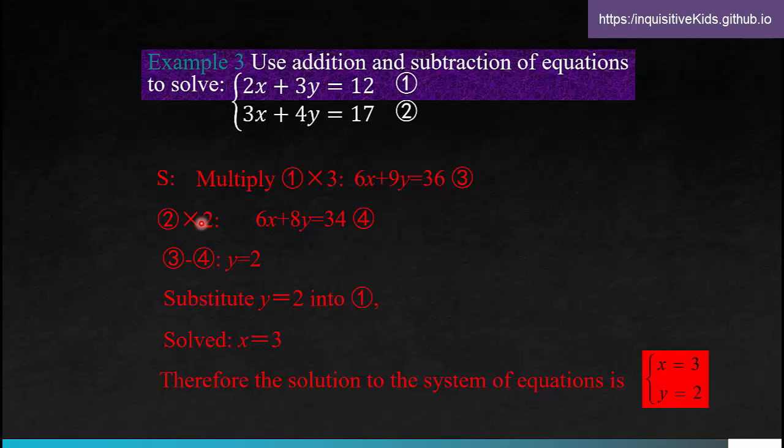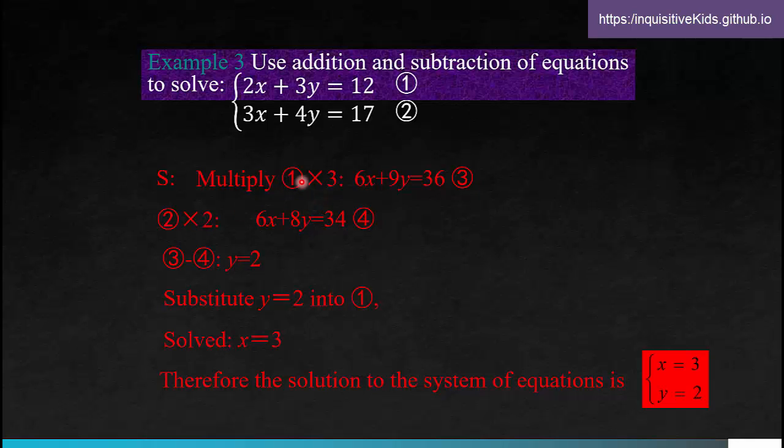There's one extra step in this solution that differed from the previous problems. Did you catch that? It was the first two steps, where we multiplied each of the equations to get two more equations that we can use subtraction of equations with.